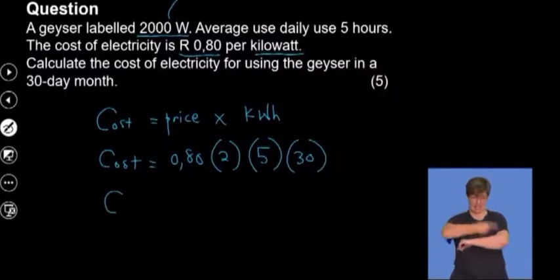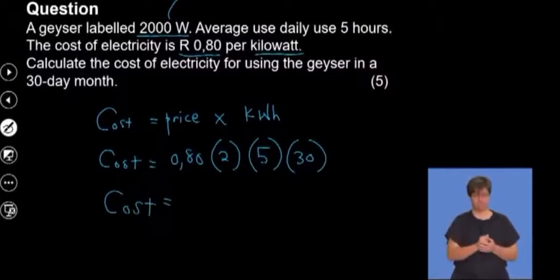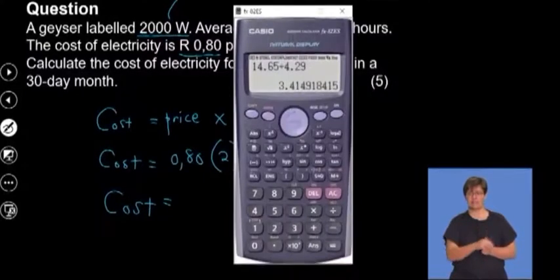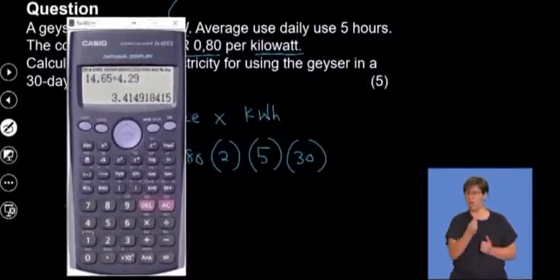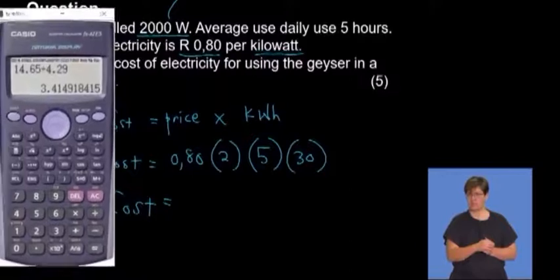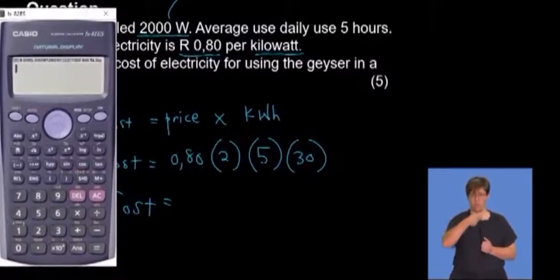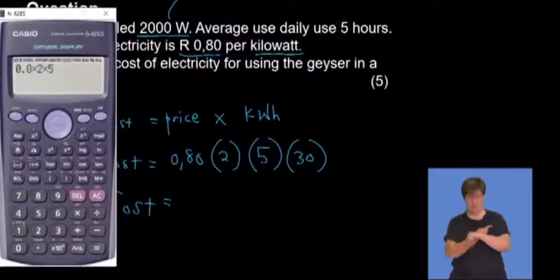Okay, so then our cost becomes, if we go to our calculator, it will be 0.8 multiplied by the 2 kilowatts, which comes from the 2,000 watts, multiplied by the 5 hours that is used, the duration per day, and then in 30 days we multiply it by 30, okay?